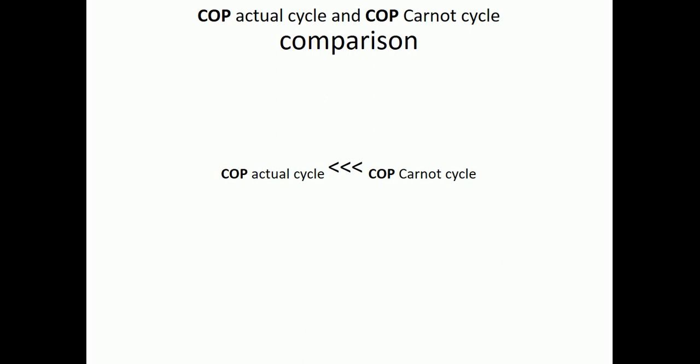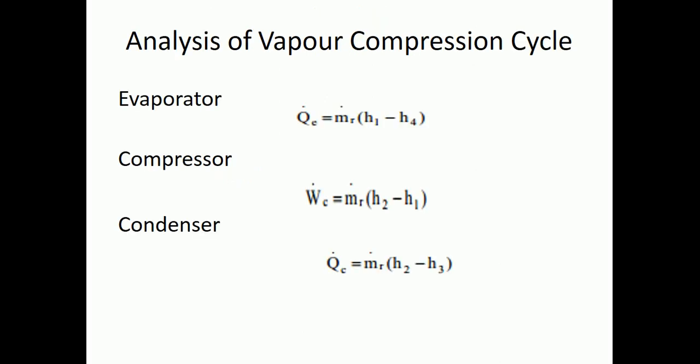Actually we are not interested in how efficient it is, but only in the performance of the compressor, condenser and expansion valve, that is, how well they perform their duties to transfer the heat from one place to another. So that is the difference between coefficient of performance and efficiency.